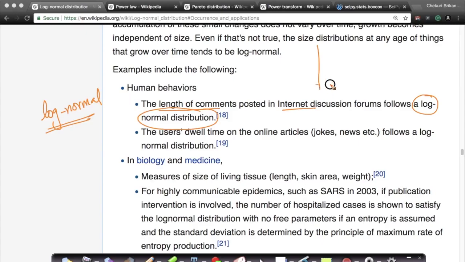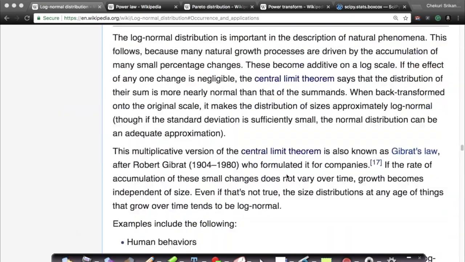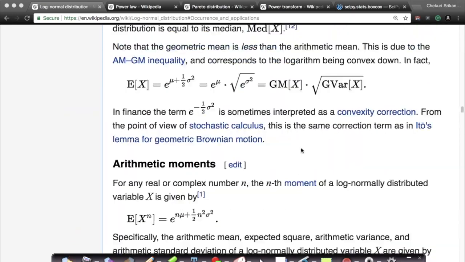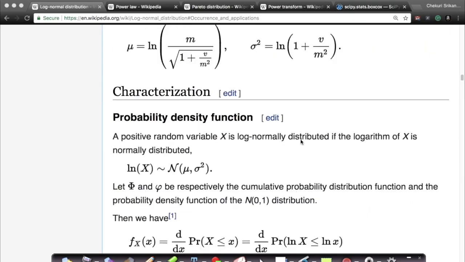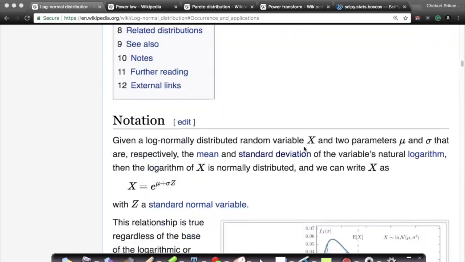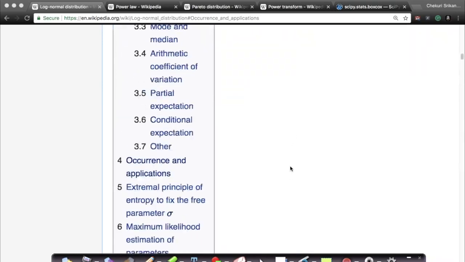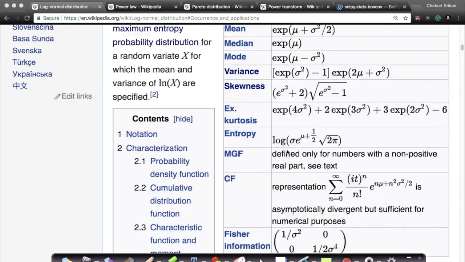A log normal distribution looks like this. It has a skew like this. Oh, by the way, I just wanted to show you the skew part of it. I completely forgot. Sorry. Its skew is very different. Its skew is not zero like the uniform distribution, by the way.